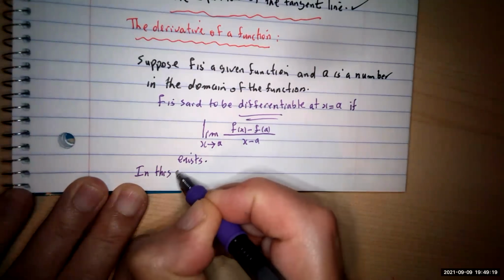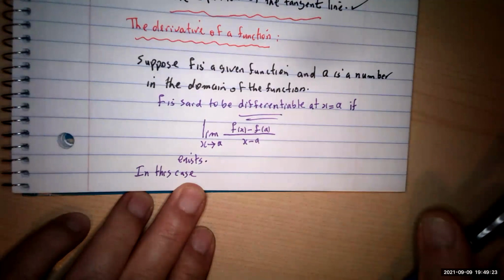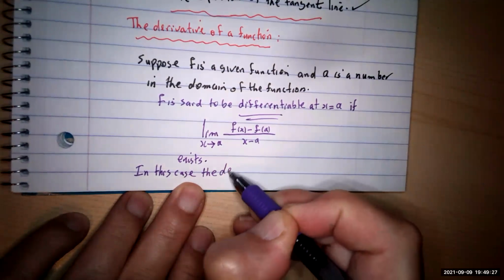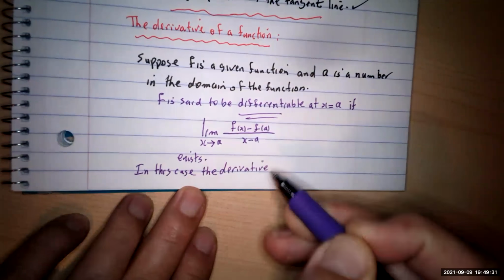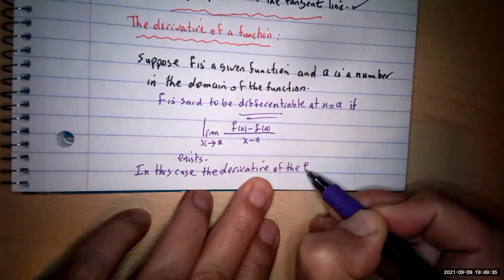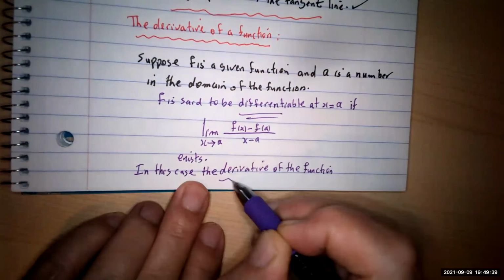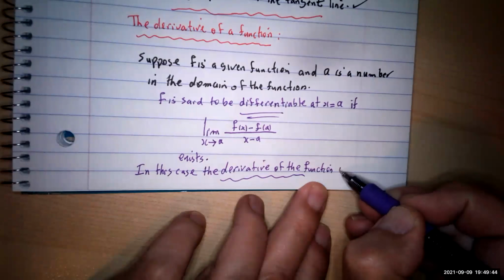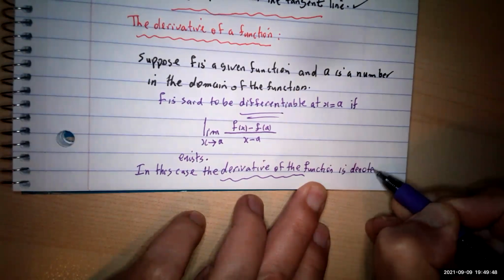In this case, the derivative of the function, this is going to be the second expression, is going to be denoted by the notation.